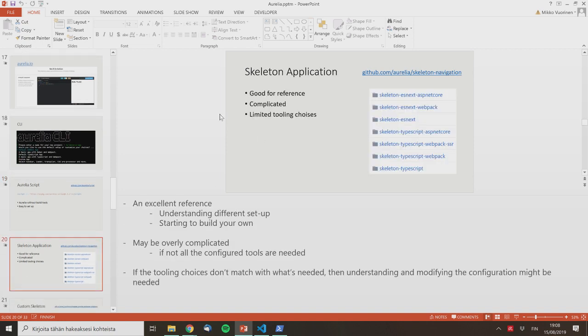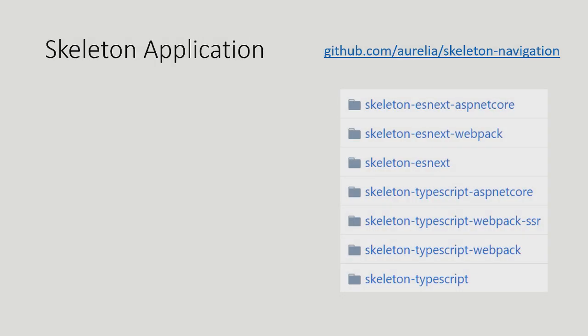There are skeleton applications in the official Aurelia repository. There are a lot of different options, but of course there's just a limited set. So if your setup doesn't match one of these, you need to configure that yourself.